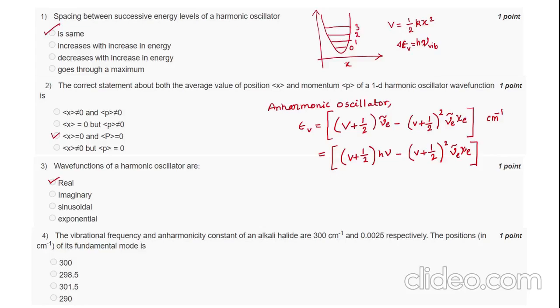So the unit will be here in joules, right? Now let's put the values. Do you remember what a fundamental transition is? The fundamental transition is v from 0 to 1. This is your V double dash, the ground state, and this is your V single dash, the excited state.